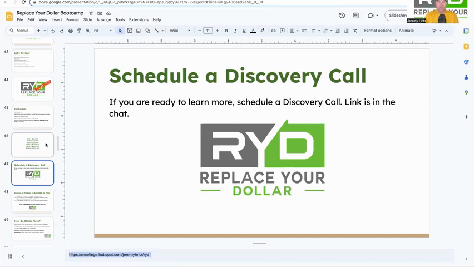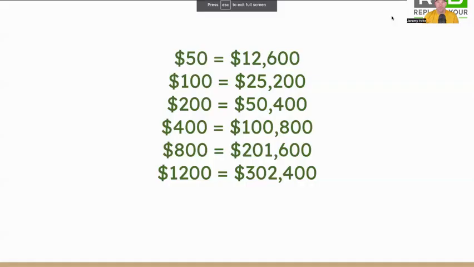But I wanted to start with this slide here. And this is more just to get you thinking about what is possible through trading. What you'll see here on the left-hand side, I have a dollar amount, right? So at the top there, $50 equals $12,600. So you might be asking, what is this?